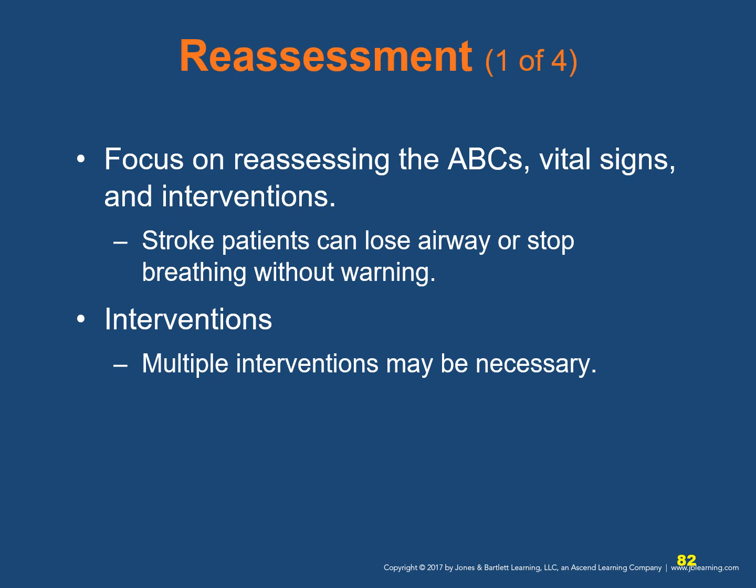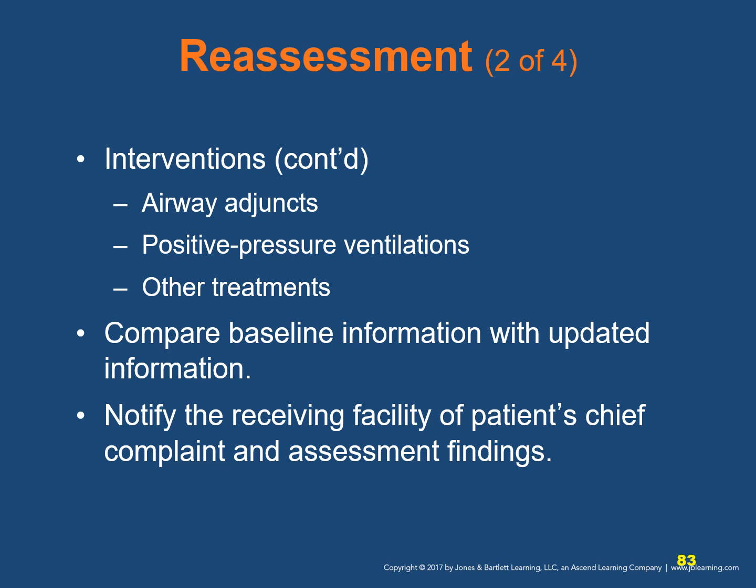Patients who have had a stroke can lose their airway or stop breathing without warning. There are multiple interventions that may be necessary. These interventions include use of airway adjuncts, positive pressure ventilations, and other treatments. If an intervention is not working, try something else.